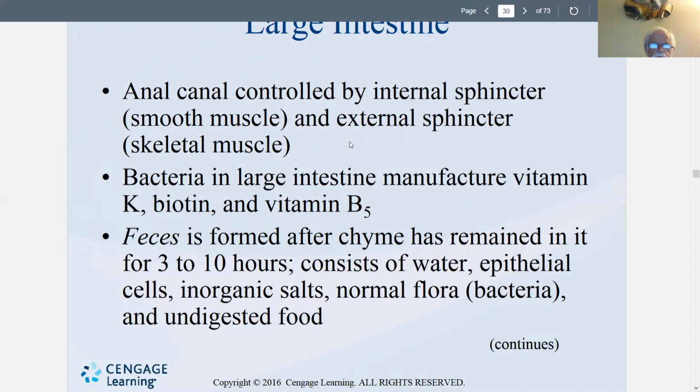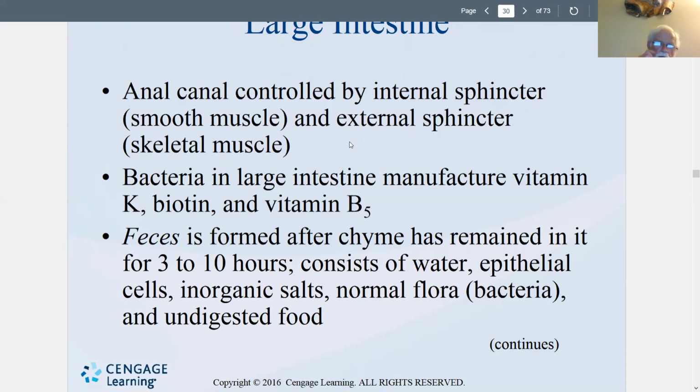Difficulties there will cause incontinence. Bacteria in the large intestine manufacture some very important molecules: vitamin K, which is critical in clotting, as you know, biotin, and vitamin B5.